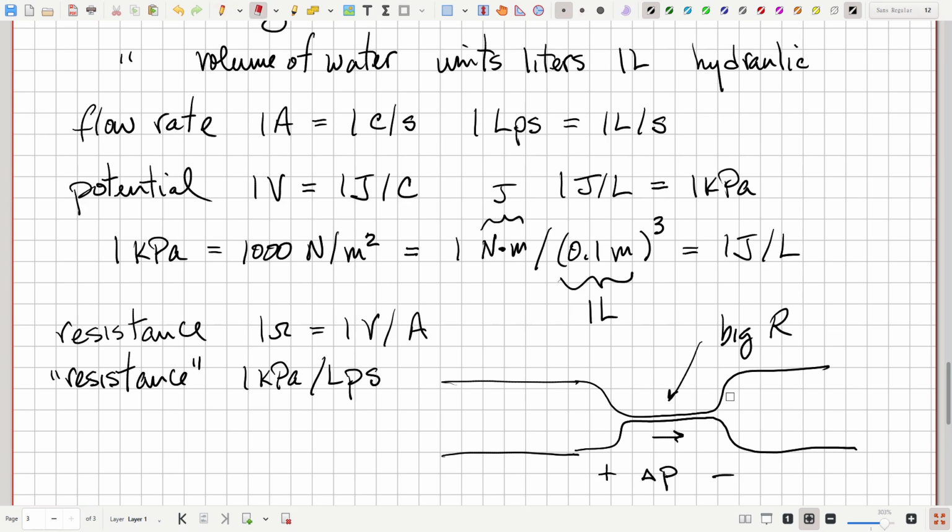In a hydraulic circuit, for a large hydraulic resistance, which would mean a very thin piece of pipe or tubing, we need a very large pressure drop to get a given flow rate, given number of liters per second.